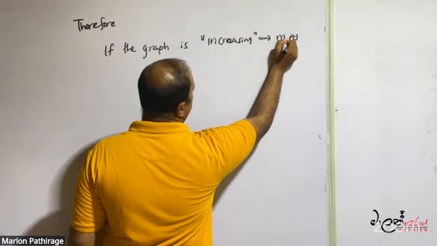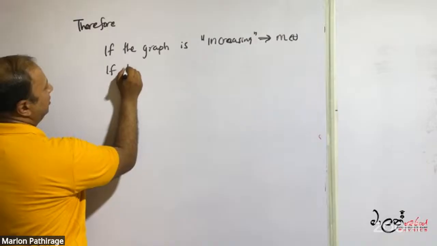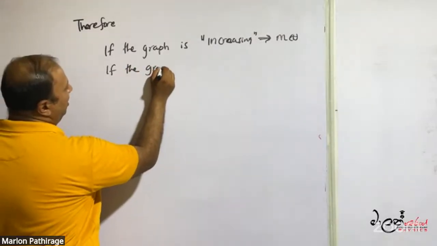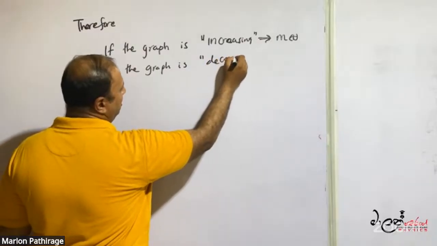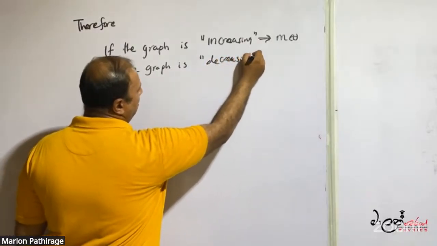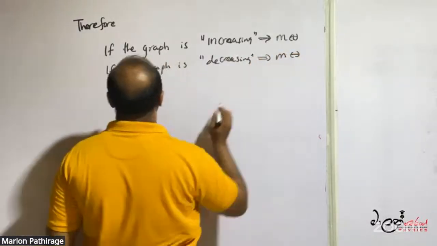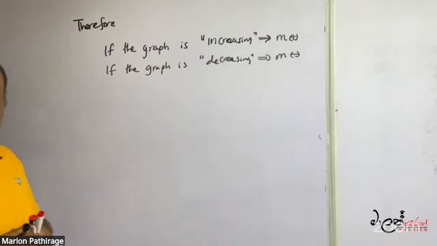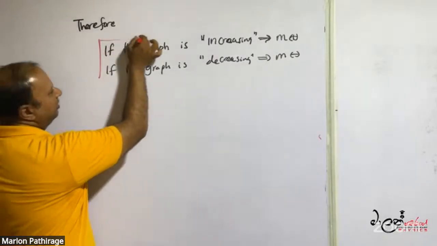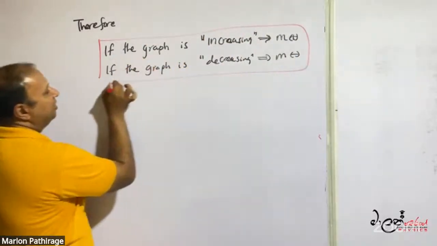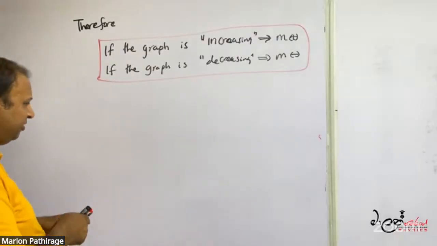Gradient is positive. If the graph is decreasing, then gradient is negative. Therefore, I can draw these three sets.